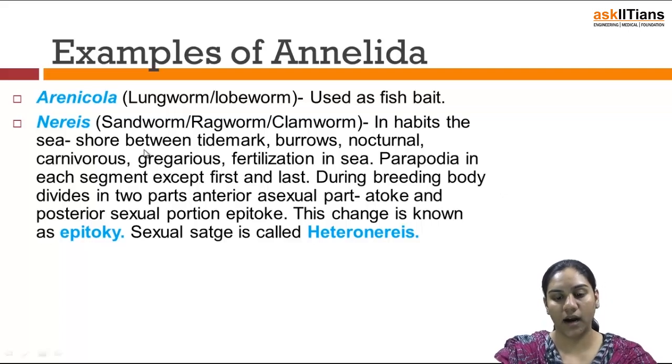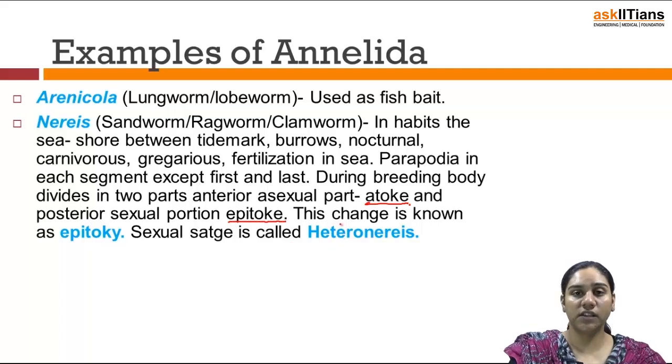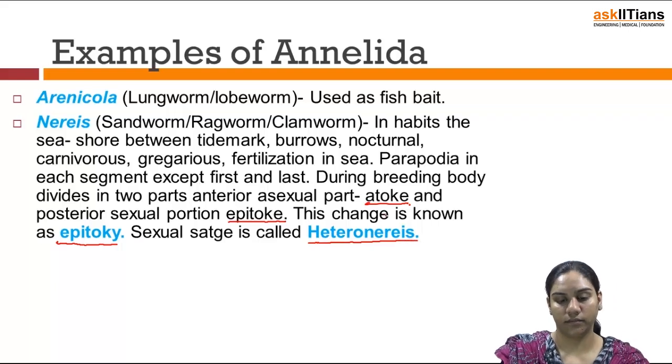So there are two parts, namely the etoke, the asexual anterior part, and the epitoke, the sexual posterior part. This process is known as epitoky. When the Nereis finally enters into its sexual stage, it comes to be known as heteronereis.